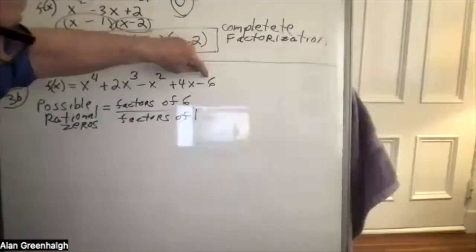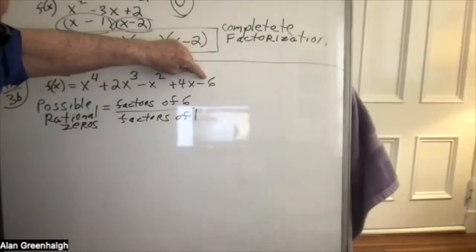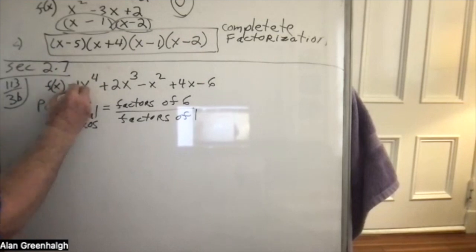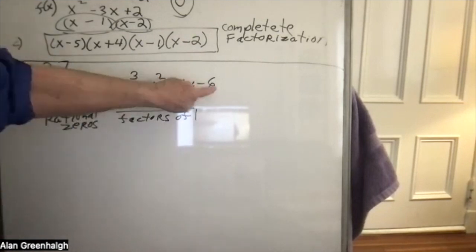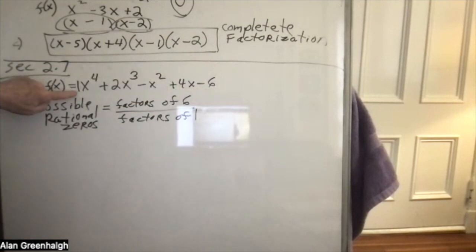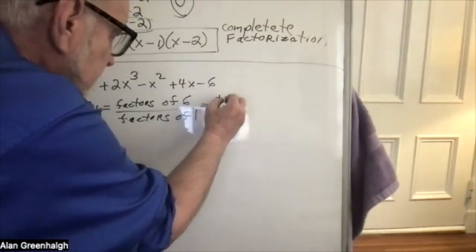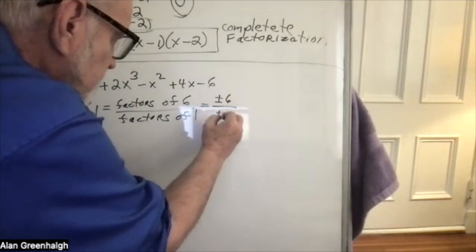It's the factors of the constant divided by the factors of the lead coefficient. And what is it? It's plus or minus 6 divided by plus or minus 1.